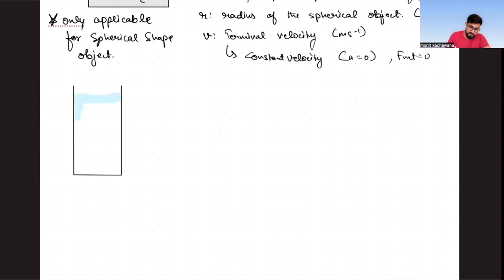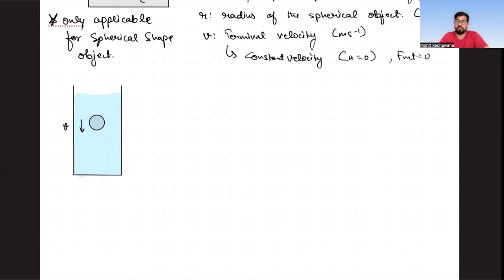Let us say this is water filled in this container, and there is a spherical object which is moving in this liquid with a terminal velocity v. Now it has radius r and mass is m.